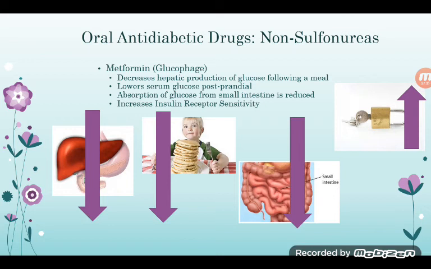So our intestine is told, nope, don't take any up. And then it increases insulin receptor sensitivity so that those little keys, the insulin, can fit into those little doors, the receptors, and open up nice and wide and let the sugar into the cells that it should be in, rather than sitting useless in the blood.